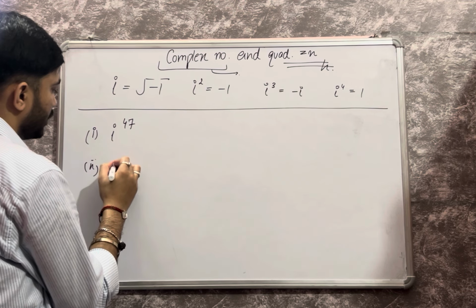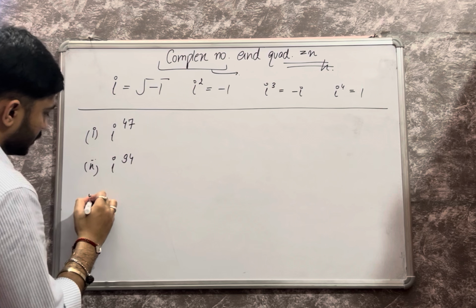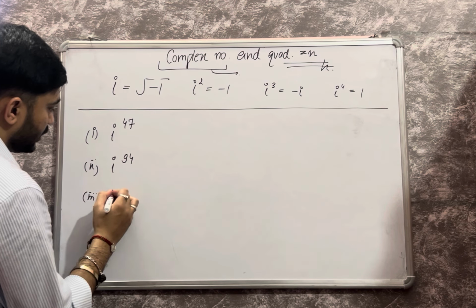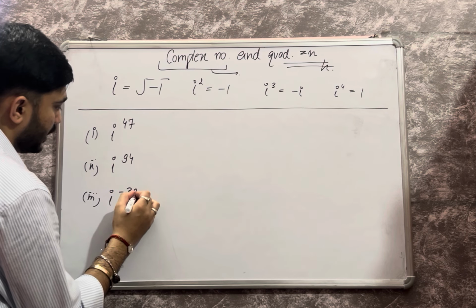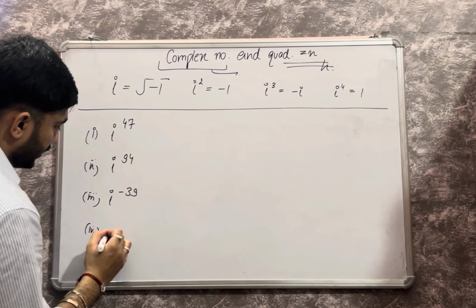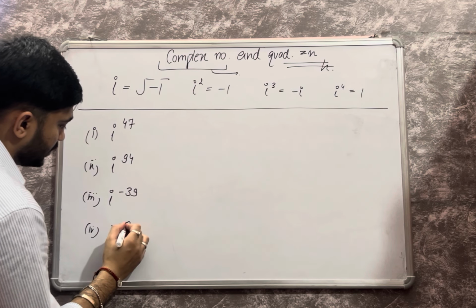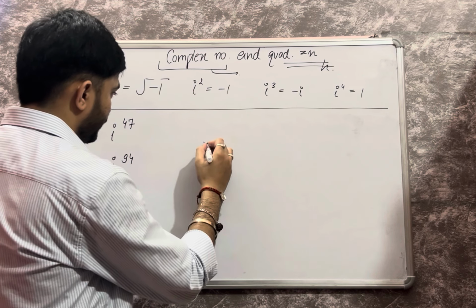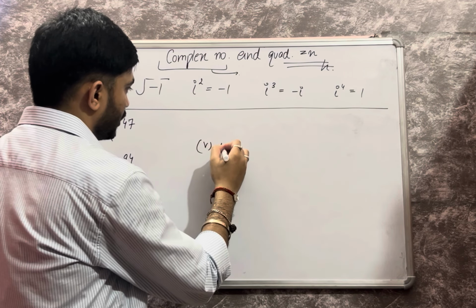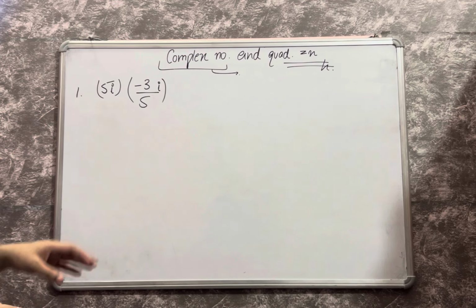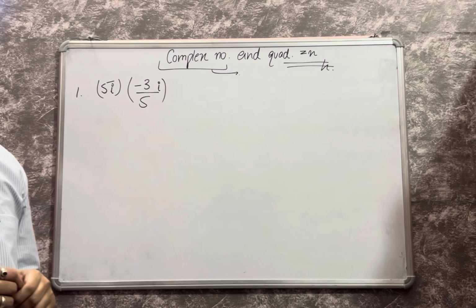Second is iota raised to power 94. Third is iota raised to power minus 39. Fourth, iota raised to power minus 96. And fifth is iota raised to power minus 83. Please take the screenshot. Now let us move towards the exercise based questions.